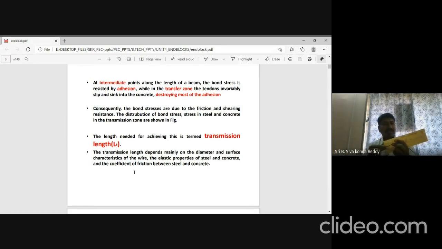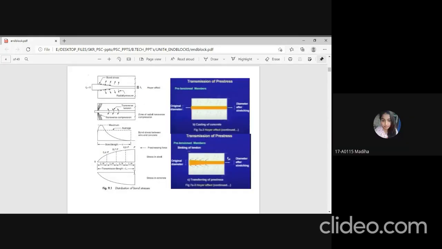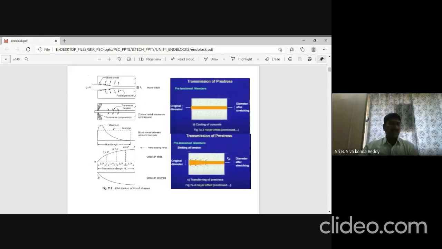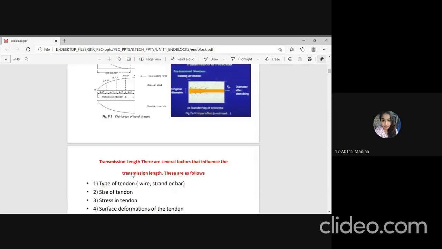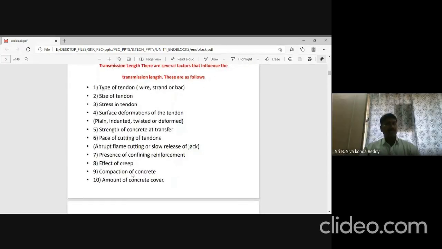The coefficient of friction between steel and concrete would be a factor for determining this transmission length. Now this figure is in accordance with wedge action, and the length required for the P value to go from 0 to P is called transmission length, generally represented by LT. These are the factors on which your transmission length is going to depend.